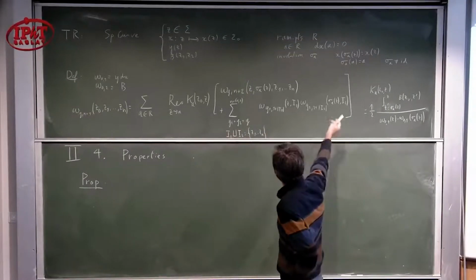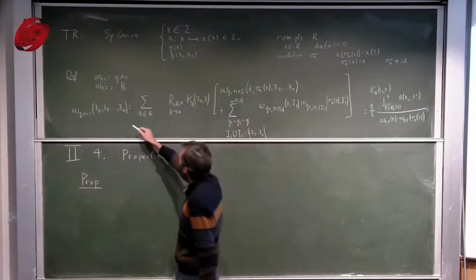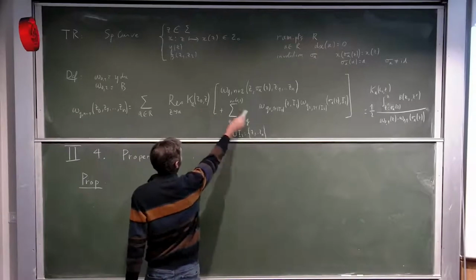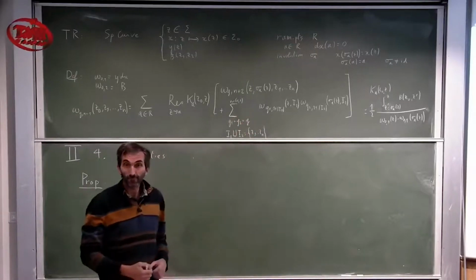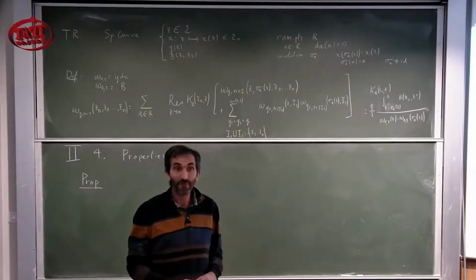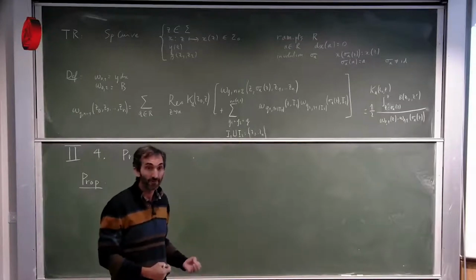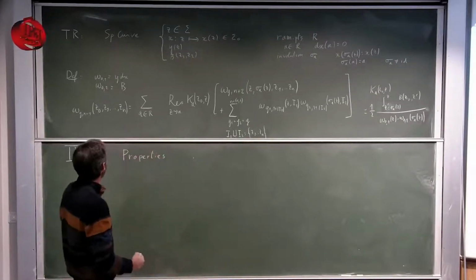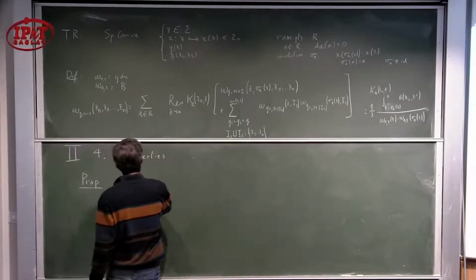In particular, given the definition, Z0 plays a very different role compared to all the other Zi's. So it is not obvious at all that the result will be symmetric in all the variables, including Z0. But this is a fact.